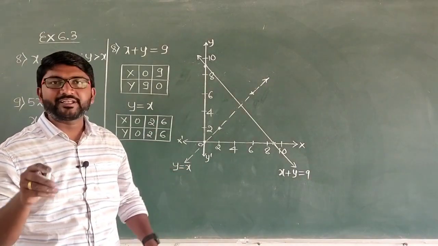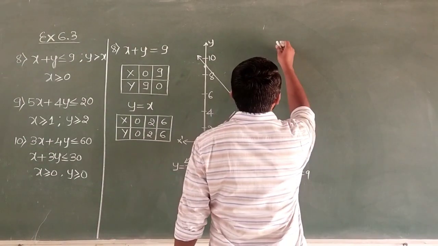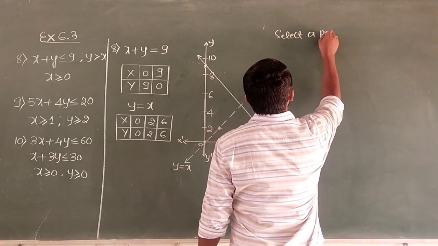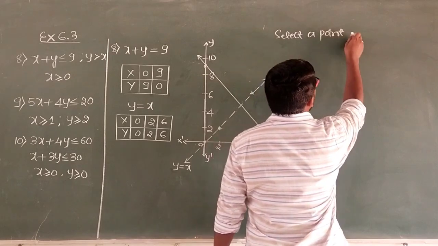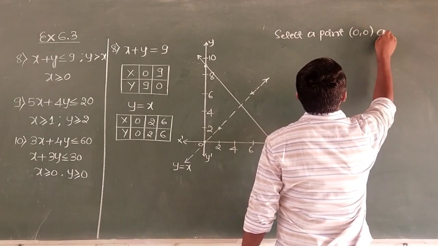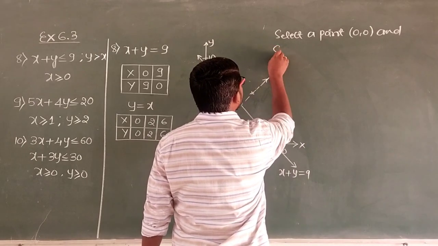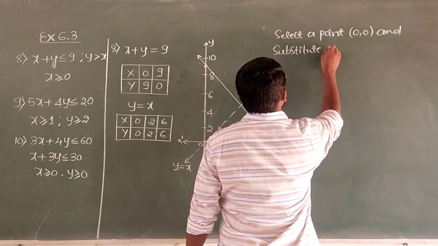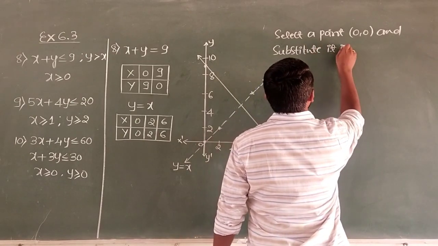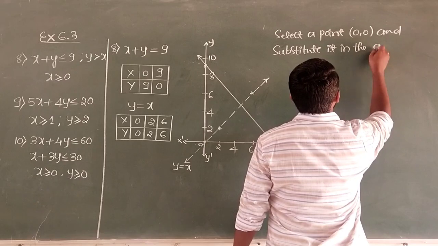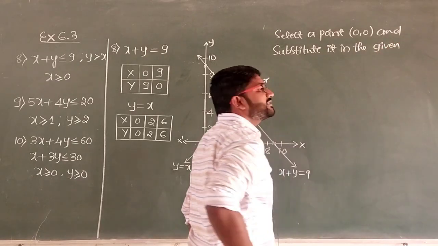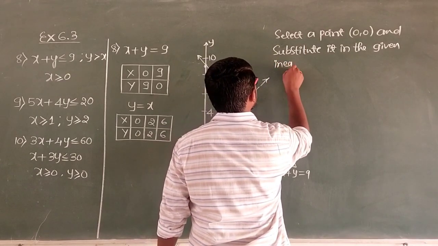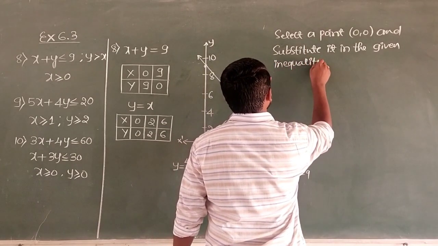For this line we have to select a point 0, 0. So write that statement now. Select a point 0 comma 0 and substitute it in the given inequality.